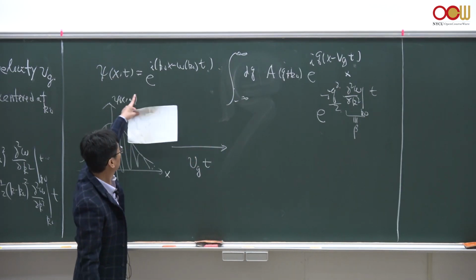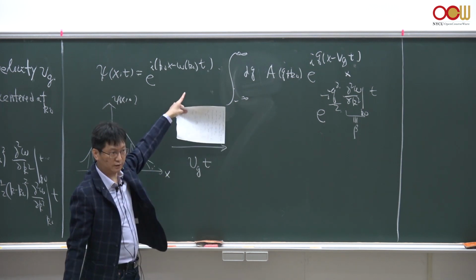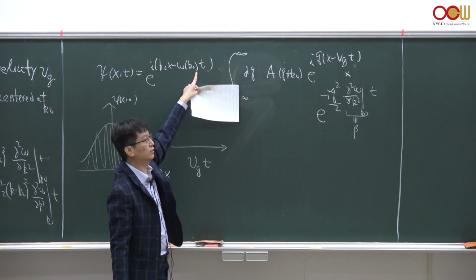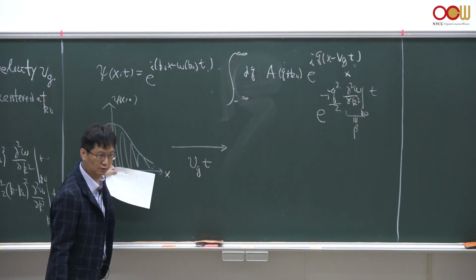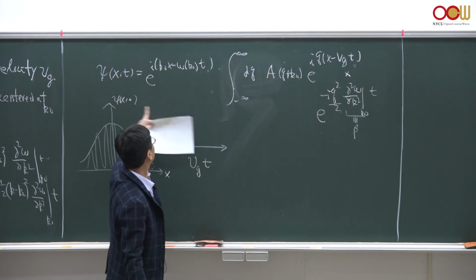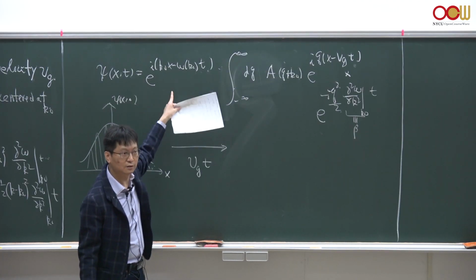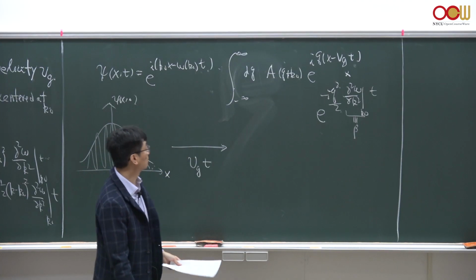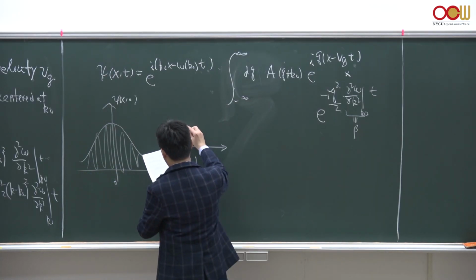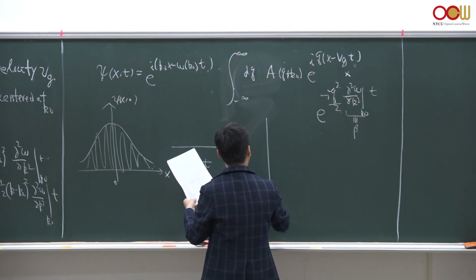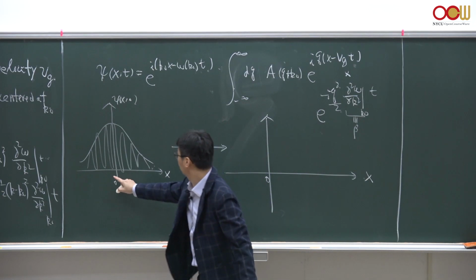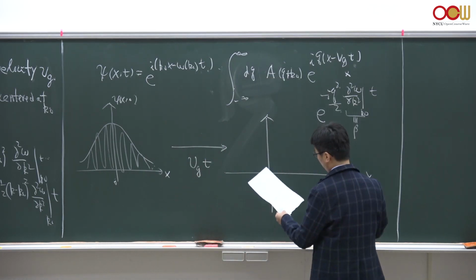So you could evaluate this integral at a given non-zero time t, and if you fix t at 0, you get the initial wave function of the packet. And when t is non-zero, you could plot this again by evaluating this integral over here, and you could get this shift of the wave packet. So the wave packet shifts its location relative to the origin by this vgt amount.